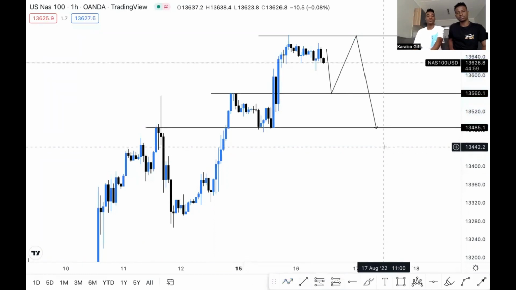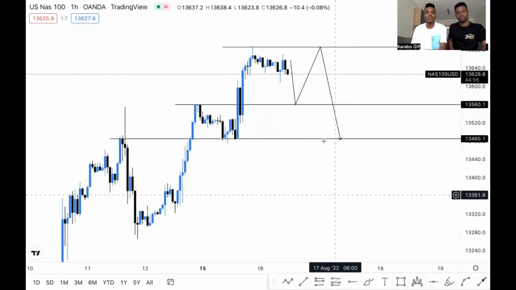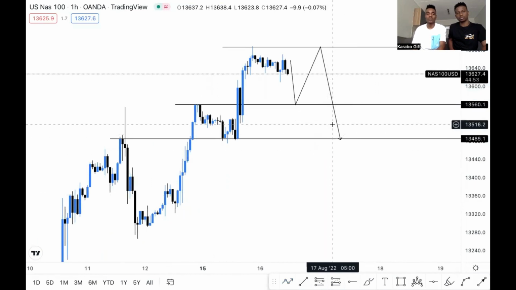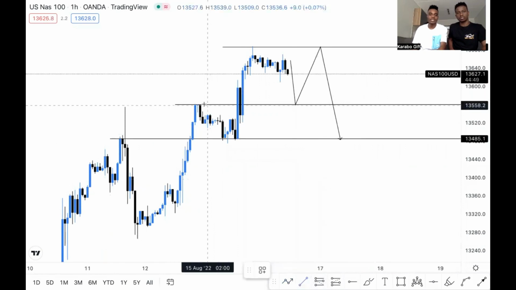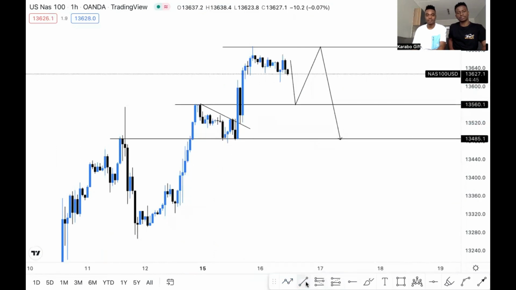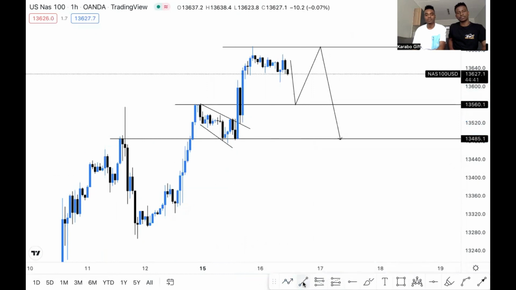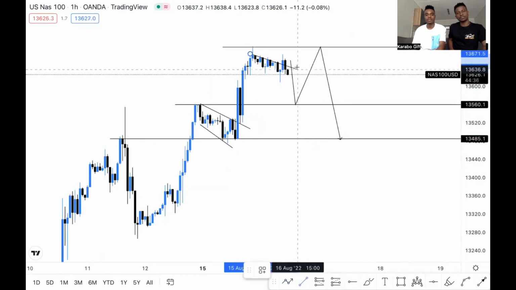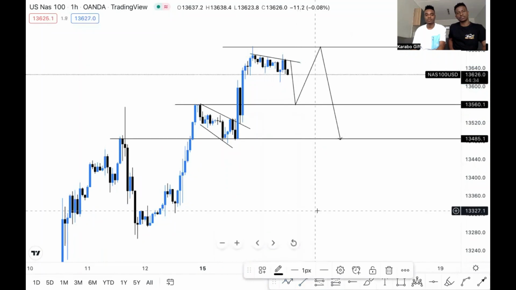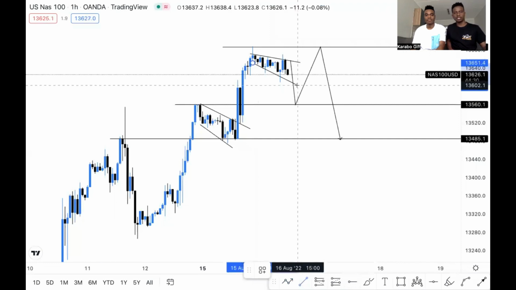But if you check the daily time frame where Nasdaq Ninja was analyzing, you can see that we're still going to buy more, because here it's a correction and impulse. This chart is clean.